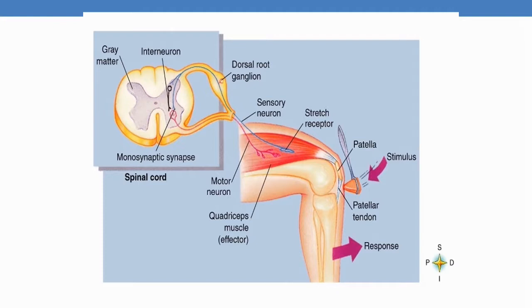We said that these were muscle spindles, which are specialized receptor endings on the end of these sensory neurons. Now, these sensory neurons that we find in the peripheral nervous system are classified as pseudo-unipolar neurons. So we don't call these dendritic endings.